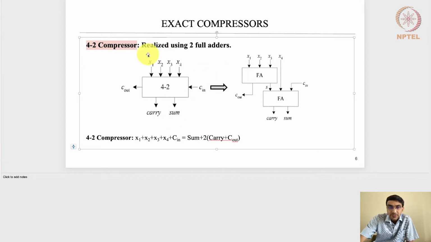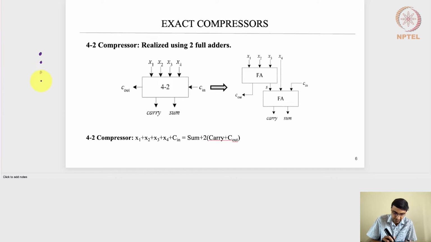Right. So if I consider one segment, let me use the pointer here. If I have a stack of 4 partial products, and in the neighboring column also I have 4, then I can use this 4:2 compressor.